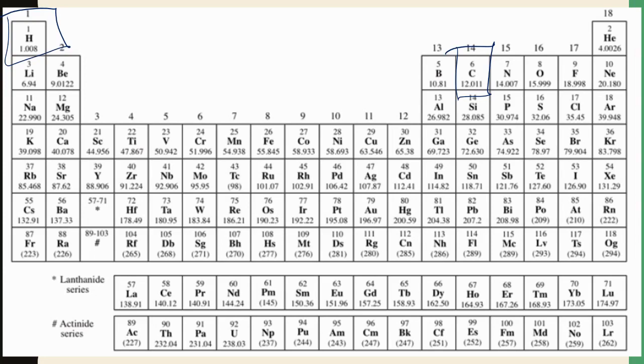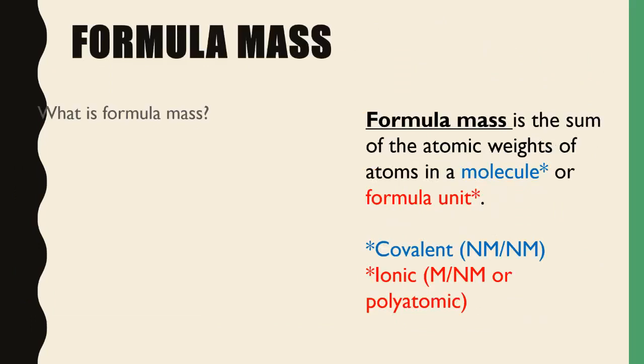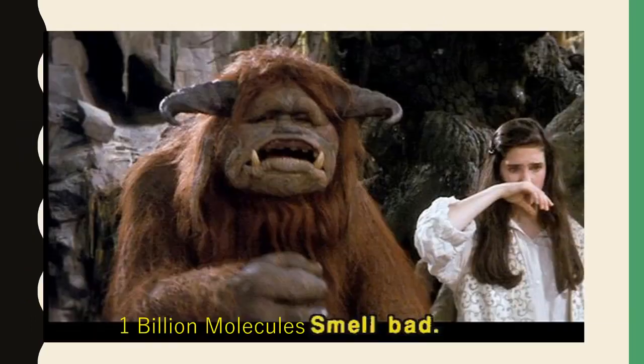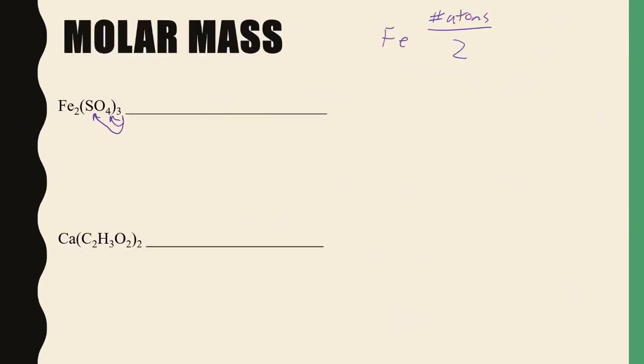Let's find out. Iron, 55.84. Not even close. And while we're here, let's get sulfur. Sulfur is 32 and the oxygen 16. Okay, so 55.84 is the mass of each one.